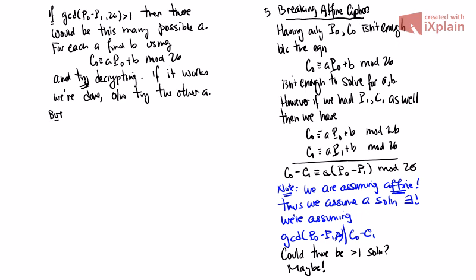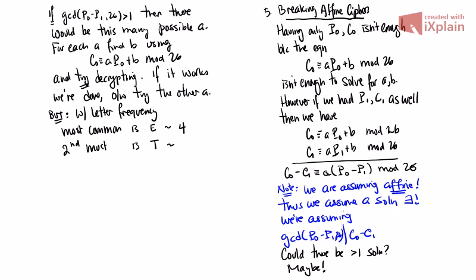There's a little note here that comes along with this. Typically if you're doing this with letter frequency, the most common we said is E, and E corresponds to 4. And the second most common is T, and T corresponds to 19. So 4 would be our P0 and 19 would be our P1.